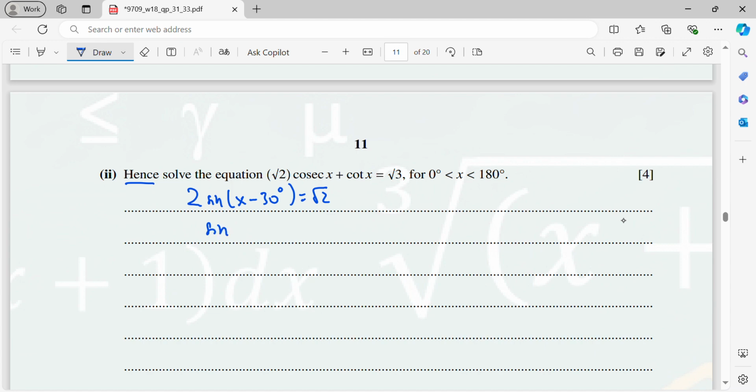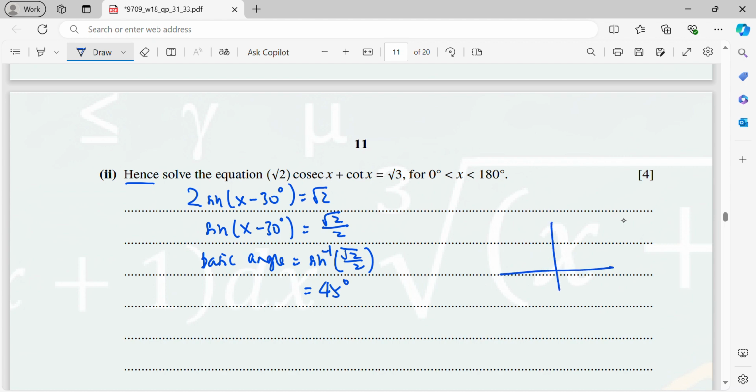So then sine(x minus 30 degrees) will be square root 2 over 2. Now the basic angle, you can write basic angle equals inverse sine of square root 2 over 2, that is 45 degrees.